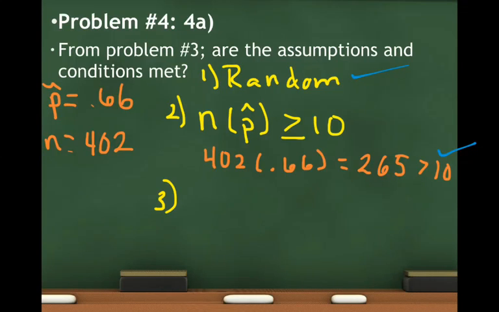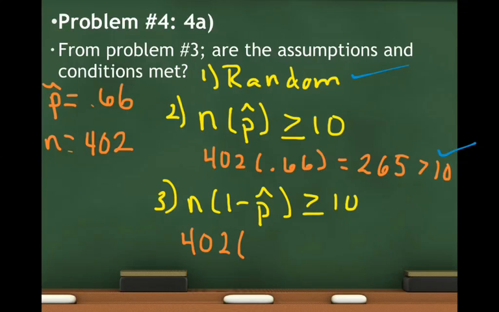And then our third is we're going to take our sample size times 1 minus p hat, and that needs to be greater than or equal to 10 as well. So you want to take 402 times 1 minus 0.66 and make sure that is at least 10 or more. I believe if you find this value and you round, you should get 137.